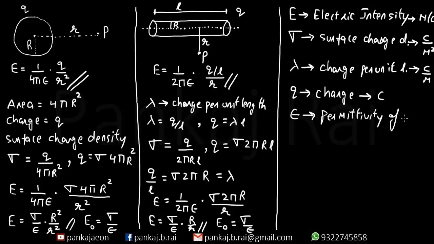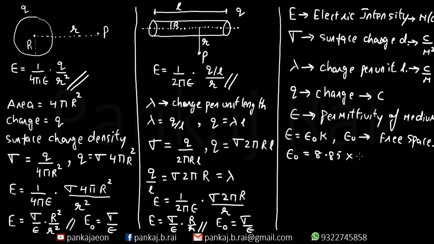It is mostly written as epsilon 0 k, where epsilon 0 is the permittivity of free space, and the value of epsilon 0 is 8.85 into 10 raised to minus 12 coulomb square per Newton meter square, or farad per meter.